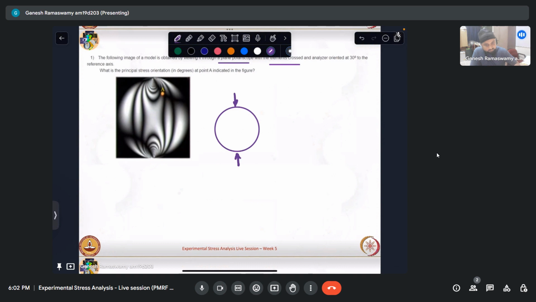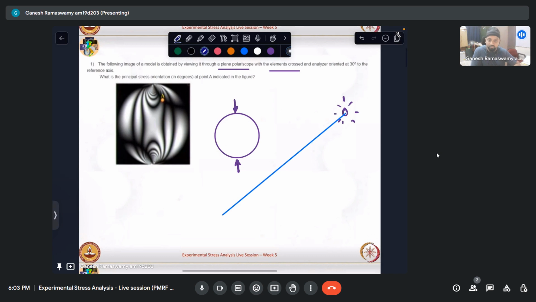So we have a light source and let that be the light path. We have been told that it's a plane polariscope arrangement. So essentially there will be only two polarizers, out of which one will be the main polarizer, which will be placed before the model.